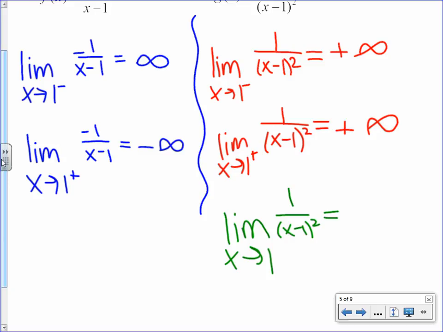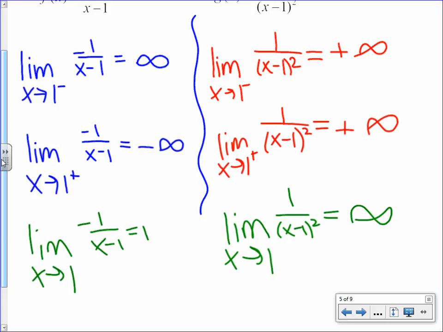So the limit as x approaches 1 would be positive infinity. Now what about the other one? This does not exist in a way that we could describe. All of these limits don't exist, but we can describe them with infinities and negative infinities.